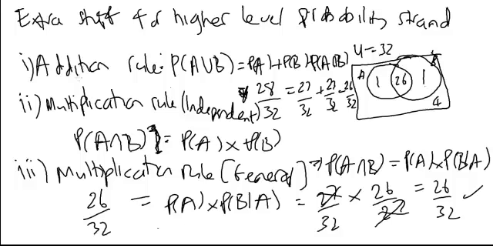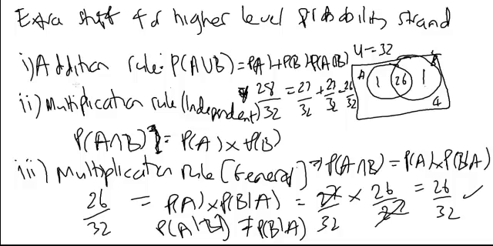The final thing to say on this topic is, it's important to know that, because you might be asked, the probability of A given B does not equal the probability of B given A in general.